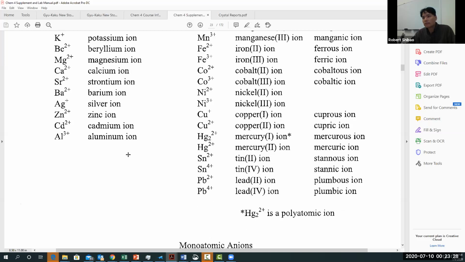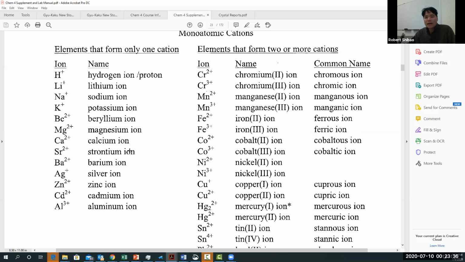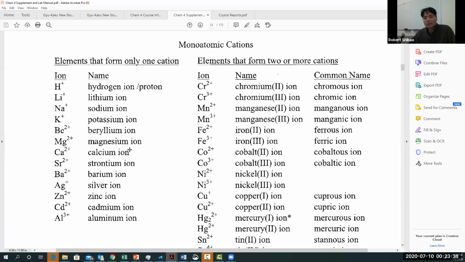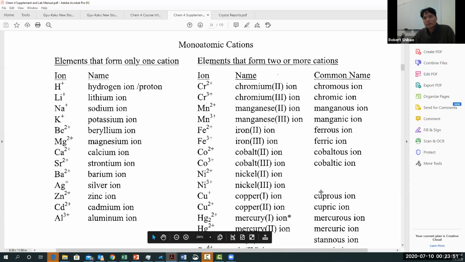Okay, I guess it's time for a short break right now. This handout you're supposed to buy, this is required material for the class. It's actually quite big. For the class, you have to purchase the lab manual supplement plus the textbook. And the lab manual supplement is not that expensive. It's only like 10 bucks or something. It's cheaper than going and photocopying or printing it out.